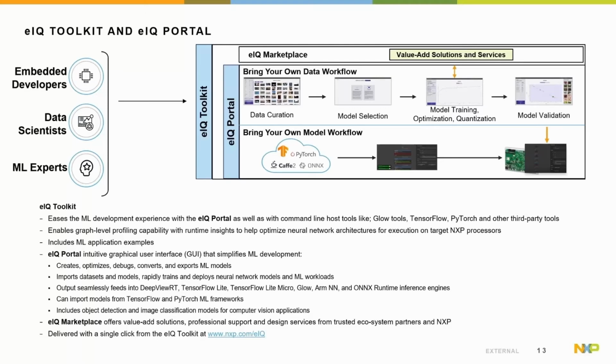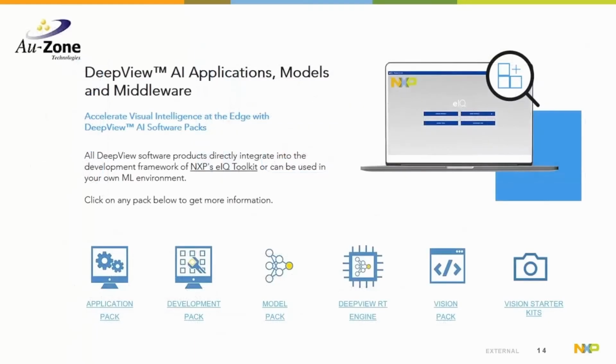We also have the eIQ Marketplace, where if you need additional application packs, development packs, or example models, those are available through our partners at Ozone to speed up your development even more and provide some examples of what you can do with these tools.